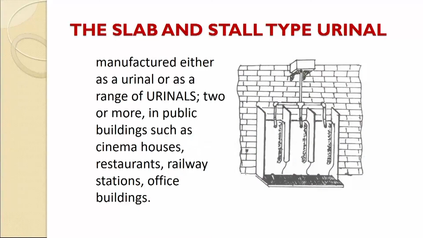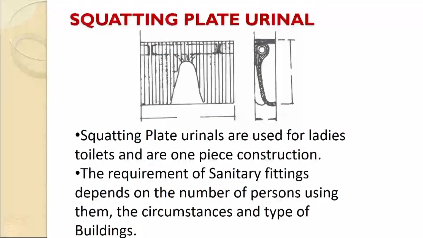Now these are basically male toilets, and you will also see them in common places like cinema houses, restaurants, railway stations or office buildings. Another type is used by females, which are one-piece construction.